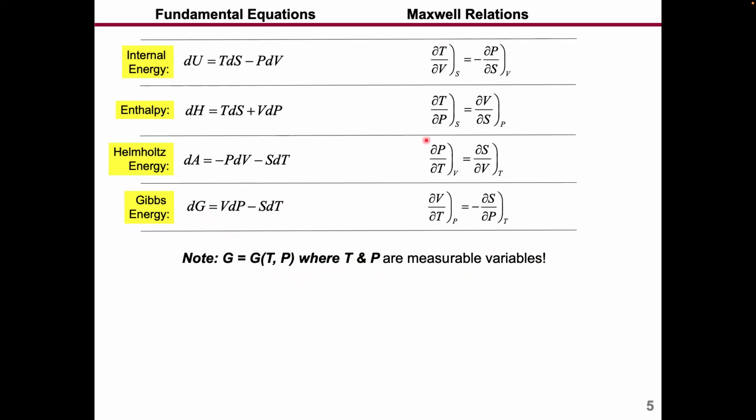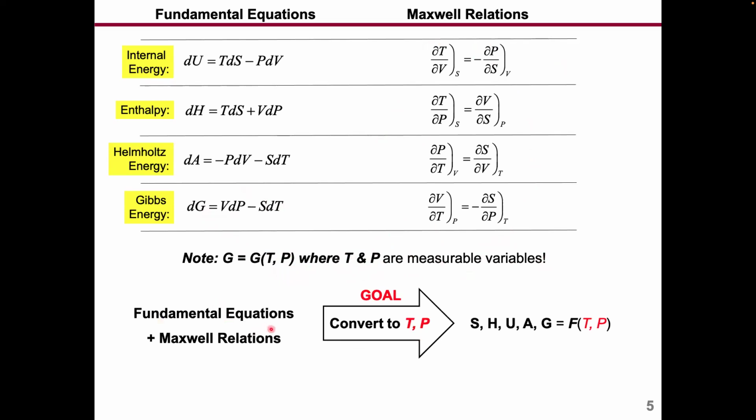The reason we use these Maxwell relations is that we are going to combine the fundamental equations plus Maxwell relations, and then convert everything: S, H, U, A, G. Here, U is a function of S and V, but through Maxwell relations, you can eventually convert U into a function of T and P. Same thing for H, originally a function of S and P. Through the Maxwell relations, you can convert H to a function of T and P as well.